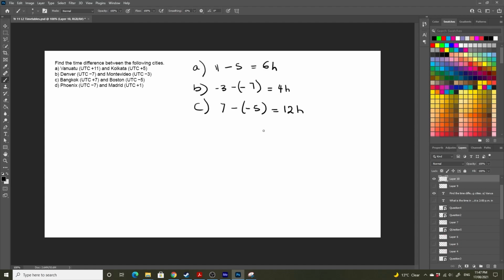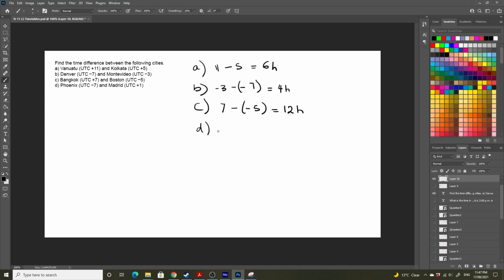There's a 12-hour gap between them, and this makes sense because there's a 7-hour gap between Bangkok and GMT or UTC time, and then we go back another further 5 to get to Boston time. So we add those two together.